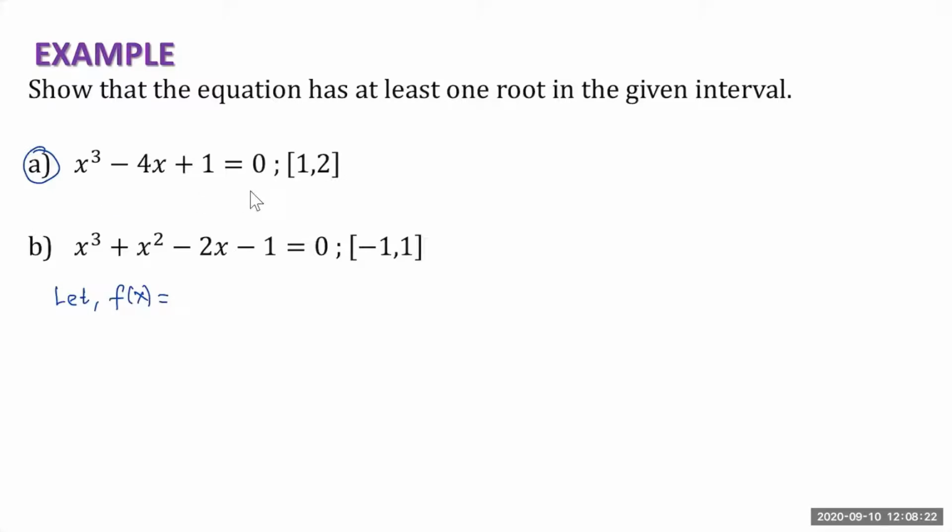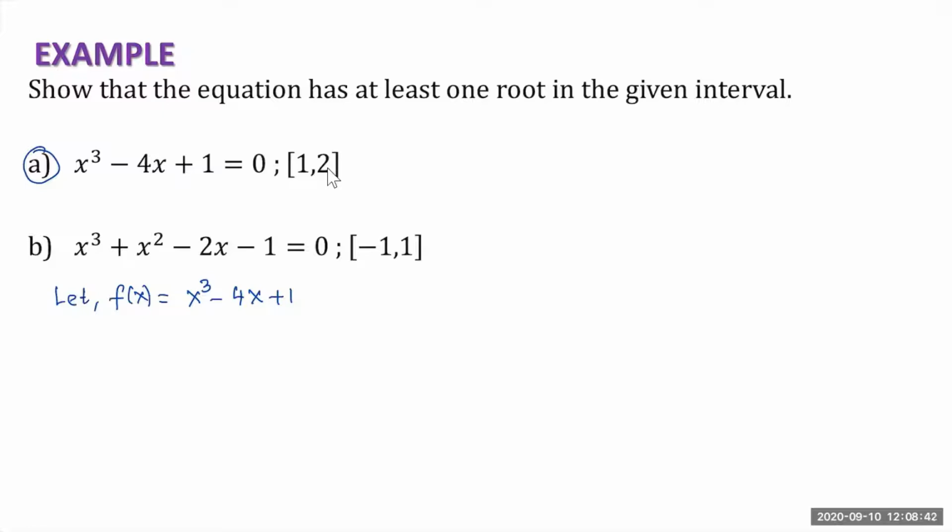Let f of x equal x cubed minus 4x plus 1. And they have given this interval 1 through 2. So a equal to 1 and b equal to 2.